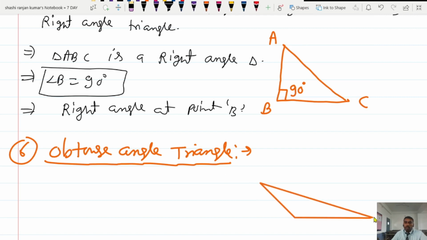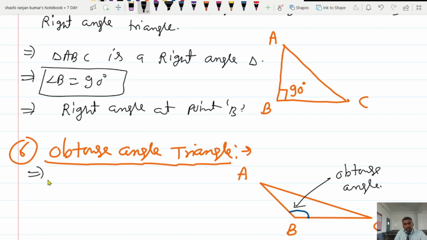This is a triangle in which one angle is an obtuse angle. Very simple. Let us suppose this is the triangle ABC we have taken. A triangle in which one angle is obtuse. You can see this is the obtuse angle, the angle greater than 90 degrees.